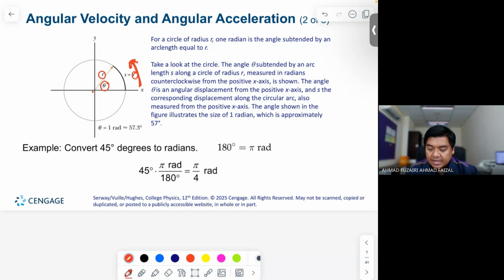So the angle theta is an angular displacement from the positive x-axis, and s is the corresponding displacement along the circular arc.